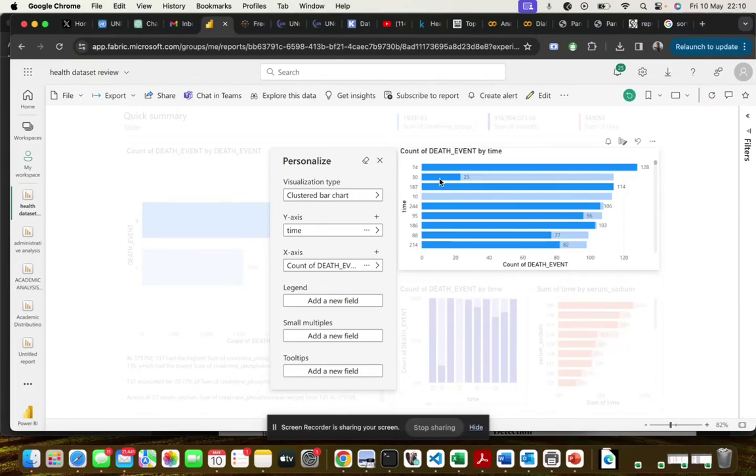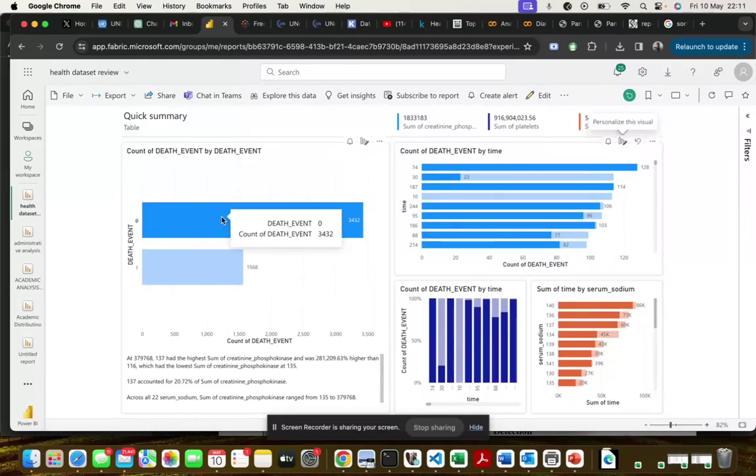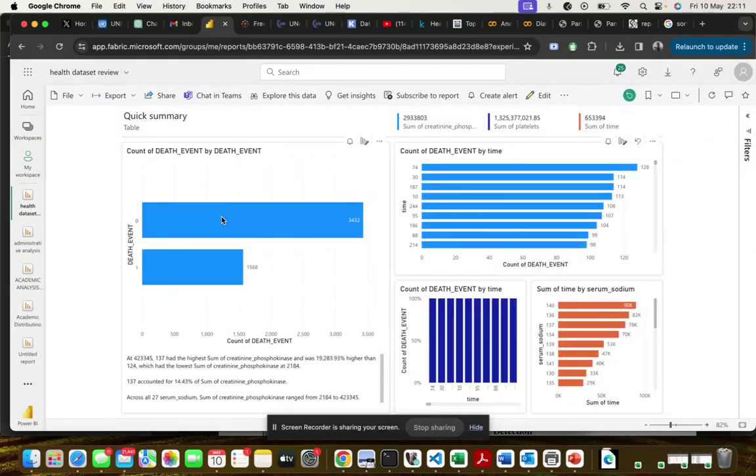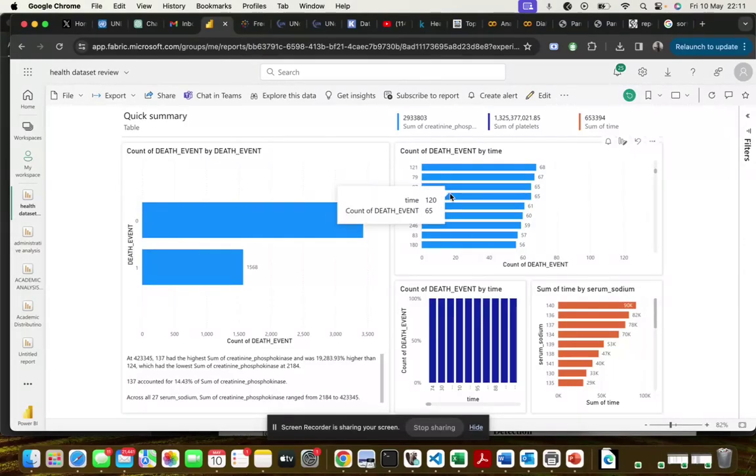So you can see those that had high treatment. For example, if I came here and want to look at mainly those that died, you can see that those that are below 208, those with lower values, have a higher death rate compared to those with higher values.